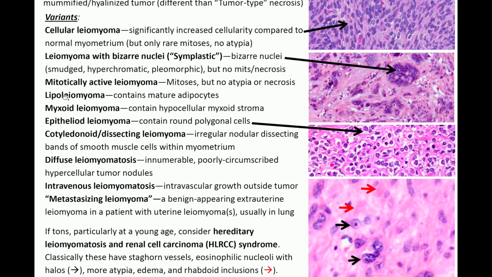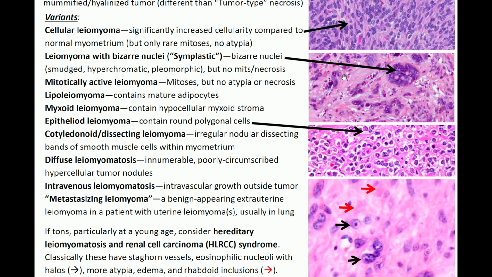You can have a lipoleiomyoma, which contains mature adipocytes; a myxoid leiomyoma, containing hypocellular myxoid stroma; an epithelioid leiomyoma, containing round polygonal cells, as demonstrated here in this image.